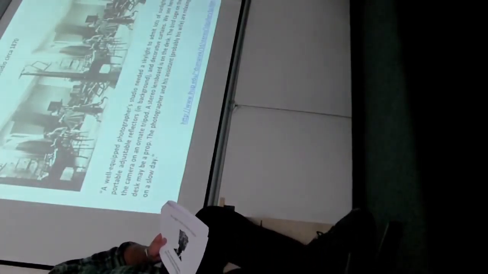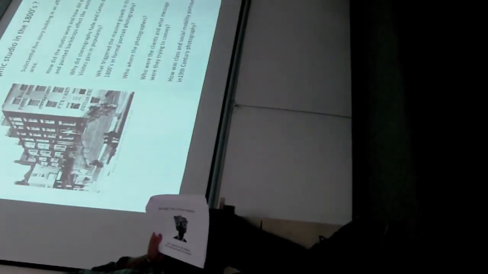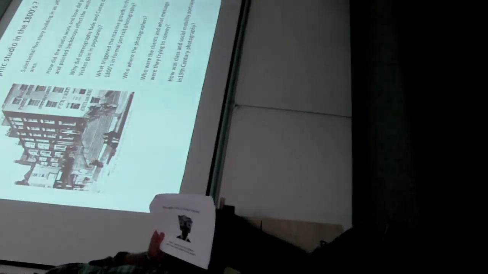So part of that research was to look at who were the photographers taking these images in the sort of 1800s, turn of the century, using daylight studios, using props, using backgrounds. That's a building. That's a 5-story building. You know, substantial building.